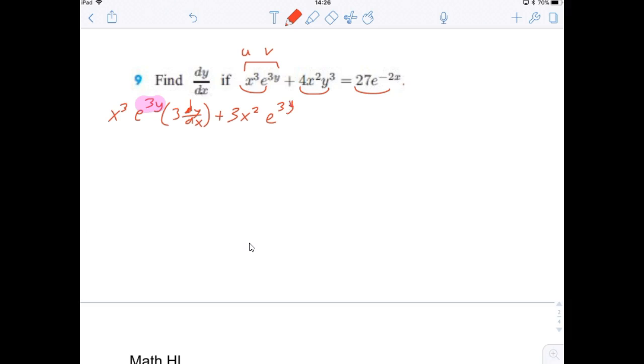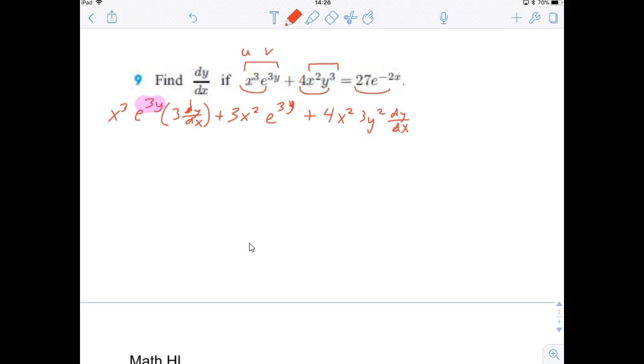And then we need to do the next term. So the next term also has product rule because it's got x squared times y cubed. So we'll have 4, which just stays out there in front as a coefficient. And x squared would be the u value. Derivative of y cubed, it would be 3y squared dy dx.